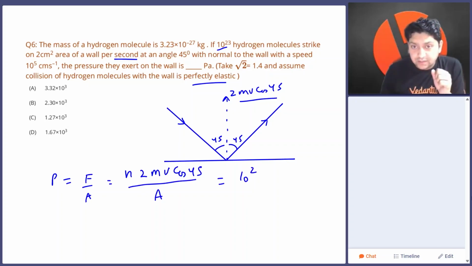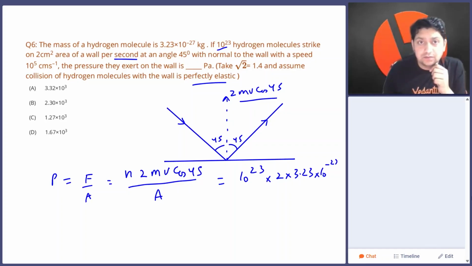So 10 to the power 23, 2 into 3.23 into 10 to the power minus 27, and the velocity is, just a second, let me write this below because it will not be covered completely.